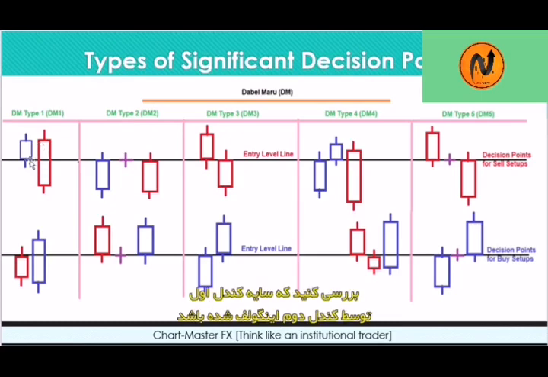If you check, guys, the wicks have both been engulfed. You need to check for that. Once we see that the whole bullish candlestick has been engulfed, then you can place your trade when the price comes back to that decision point.